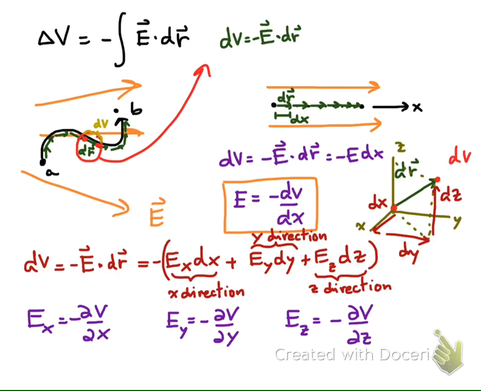So if we know the electric potential, we can calculate the electric field because we can get three components of the electric field. Doing this calculation is sometimes much easier than calculating the electric field directly.